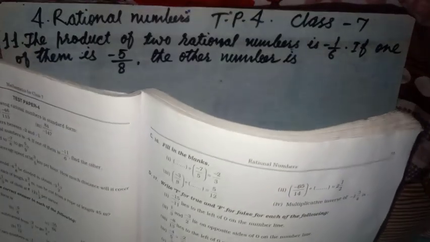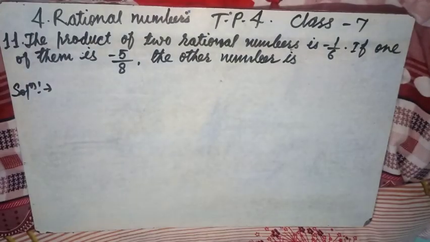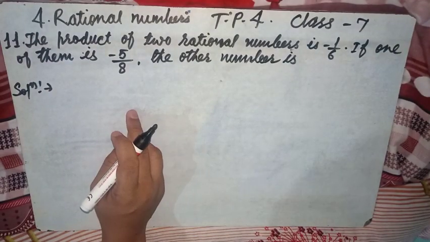This is the test paper consisting of all the previous problems that we have solved. The options are: A minus 4 by 15, B 4 by 15, C 15 by 4, D minus 15 by 4. Any one of them is the correct answer. First of all solve, then match.